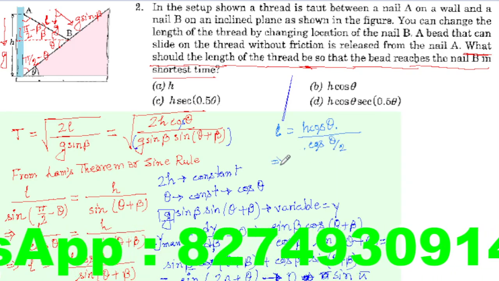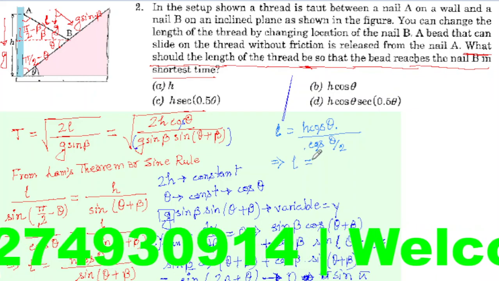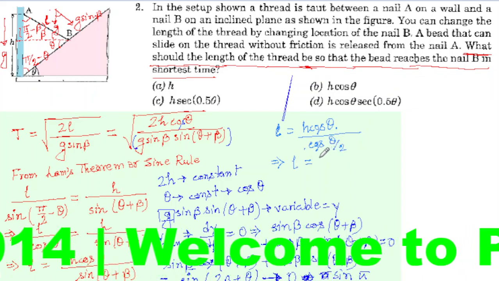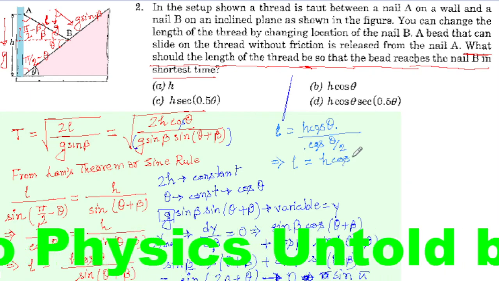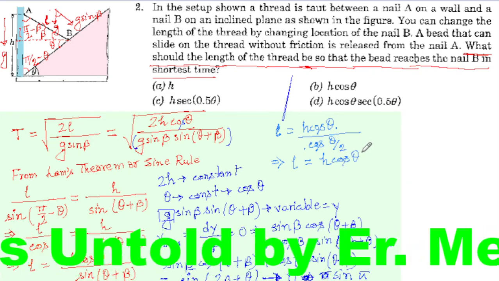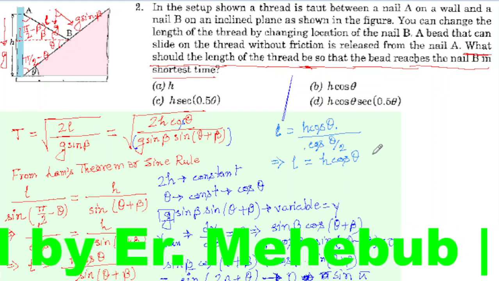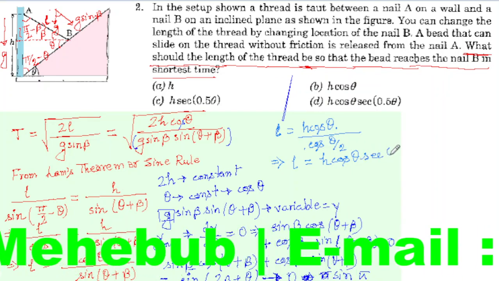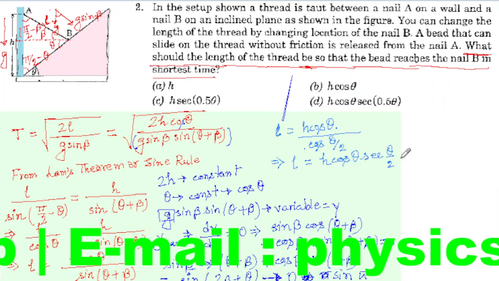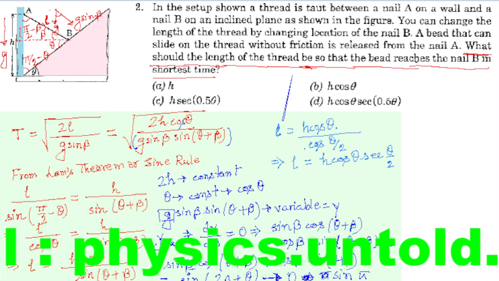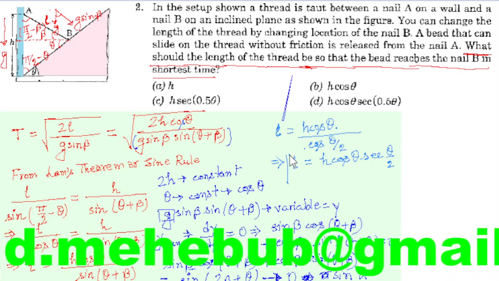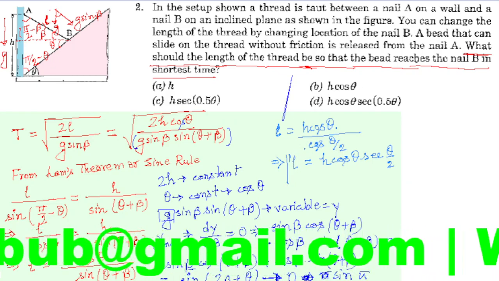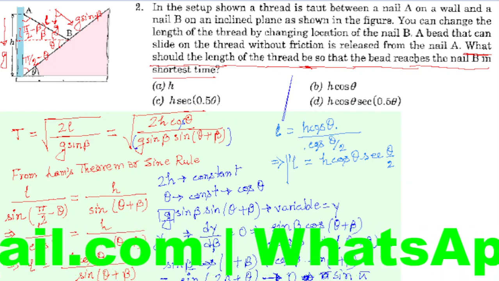Our required value of L is now becoming h cos theta into the reciprocal of cos theta by 2, which is equal to sec theta by 2. So in our first method, this is our required expression or solution for the given question.